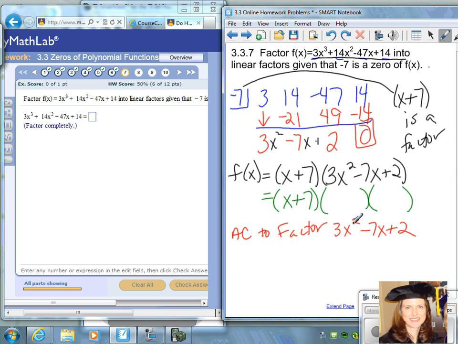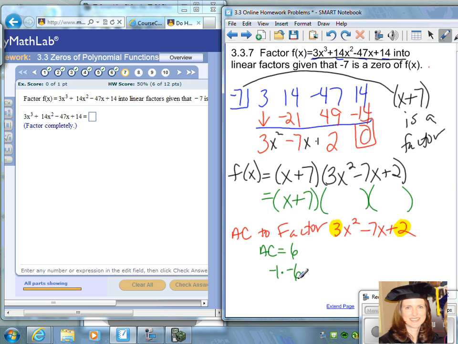What you do is you multiply the A times the C. So you get AC, A times C is equal to 3 times 2, which is 6. You want to list the factors of 6 that will add up to negative 7. Those factors are negative 1 times negative 6.